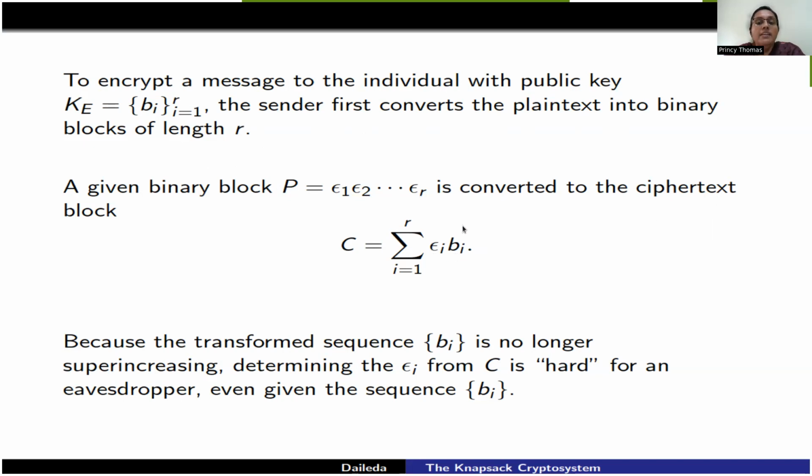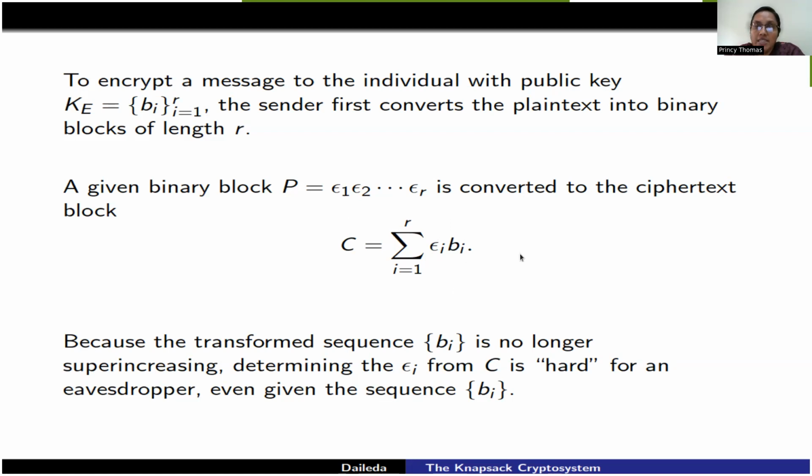So the corresponding bits in the published key are multiplied with the plain text value, and that is the ciphertext. So this is also a collection of bits. Okay, because when AI is selected, it is a super increasing set, but BI is not after the transformation is done.